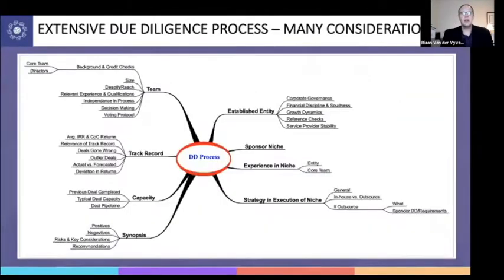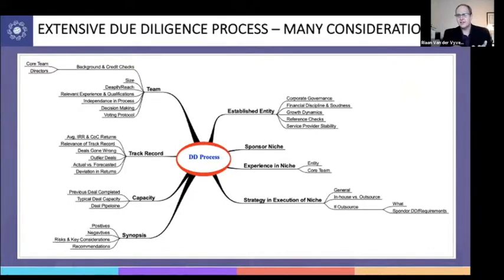So maybe just going a bit deeper into this DD or due diligence process of the sponsor. If I can start right at the top where it says, is it an established entity? What is very important to us is that sponsors must have good corporate governance. What we mean by that: are they registered?